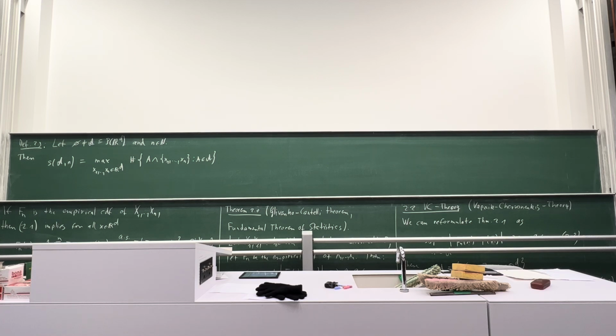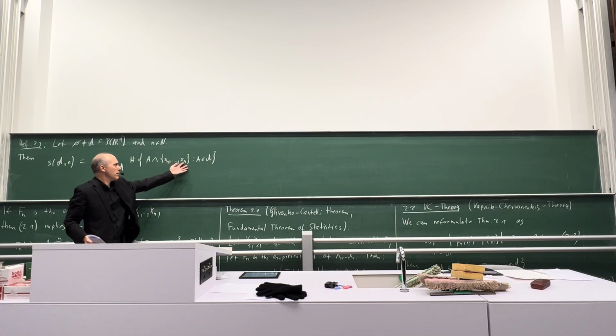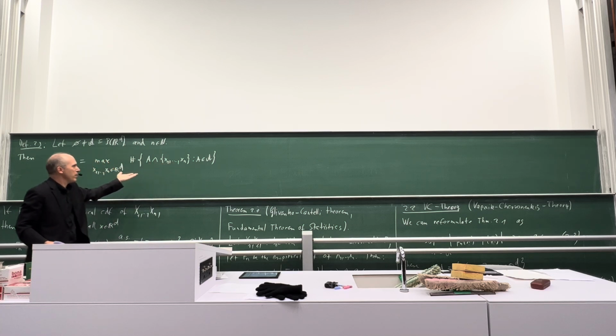This is an ugly quantity somehow, so it's difficult to understand what it's doing. But the nice thing is it has nothing to do with the distribution. Somehow it describes the complexity of the set calligraphic A. Because if you look just at these x1 to xn and intersect them with sets of A, this decides how many of them there are.